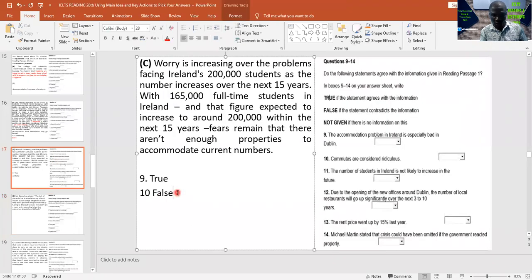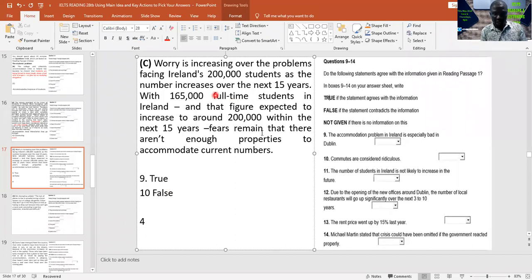It's question 4. This one is talking about a worrying, increasing problem facing students in Ireland. The number has increased, and the figure is expected to rise, and fear remains. I'm just going to say the main idea is that it's an increasing problem of accommodation.